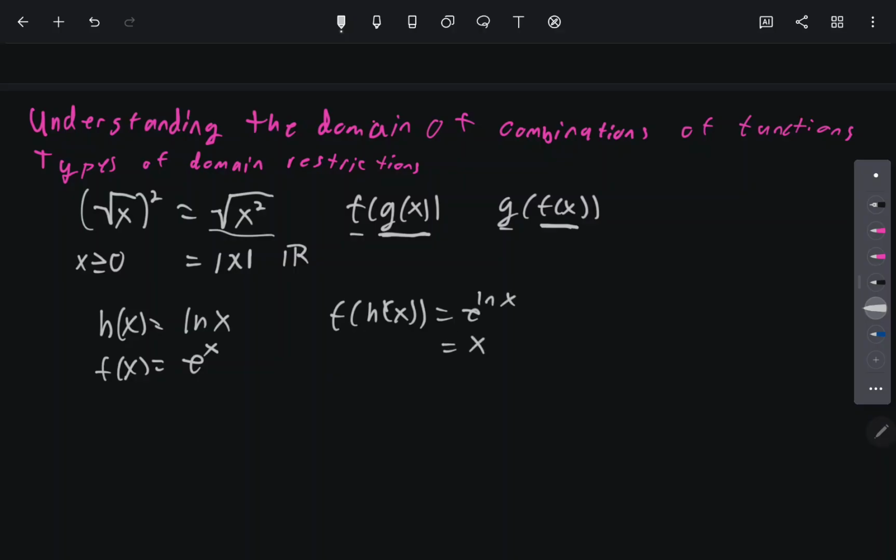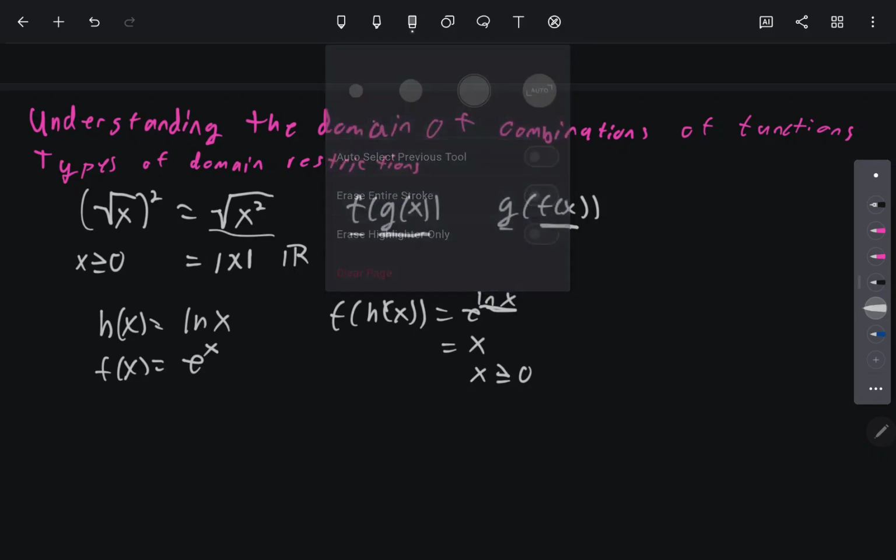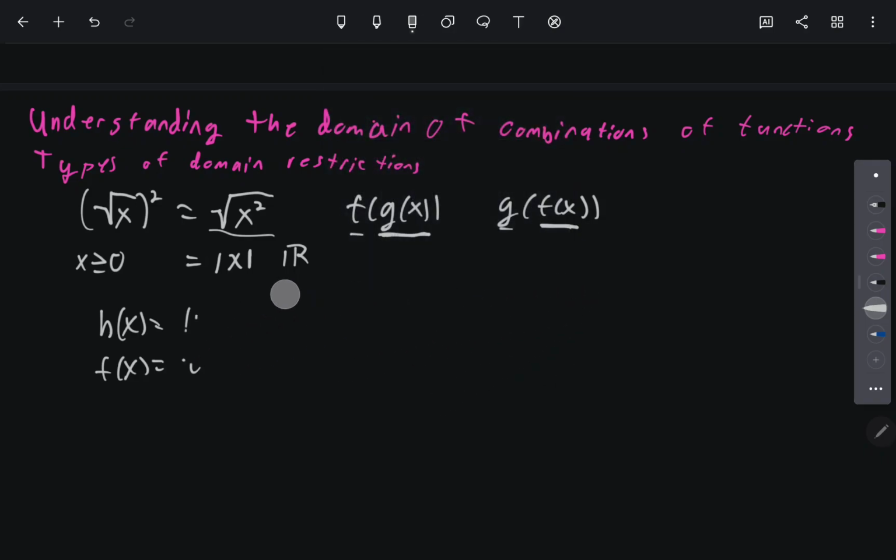It's going to look exactly like x, but its domain, because this natural logarithm cannot take negative numbers as an input, is just going to be x greater than 0. So let's try to find some domains of some of these new composite functions here.